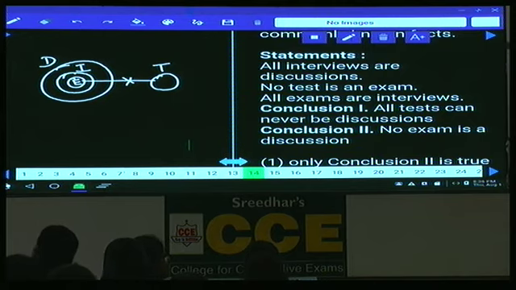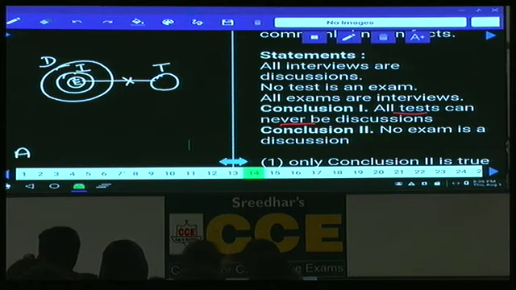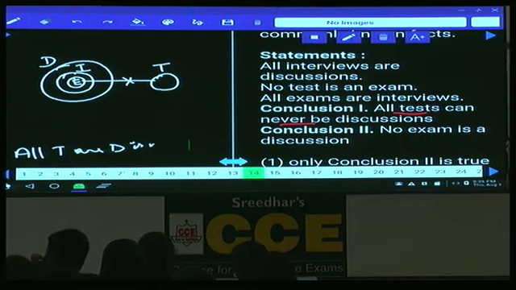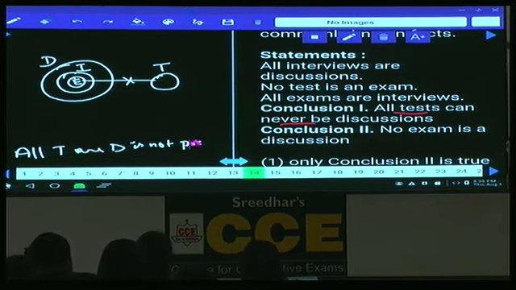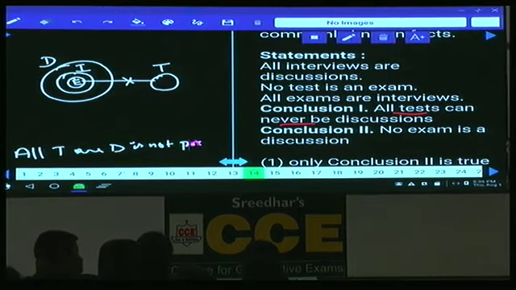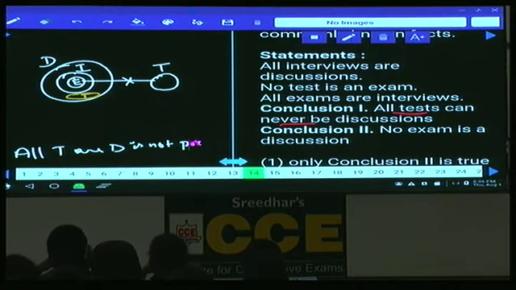Then first one, all test can never be discussions. All test can never be means now we have to write down this as all test are discussions is not possible. Now tell me whether all test are discussions is possible or not. If you write test here and it is possible, all test are discussions is possible.